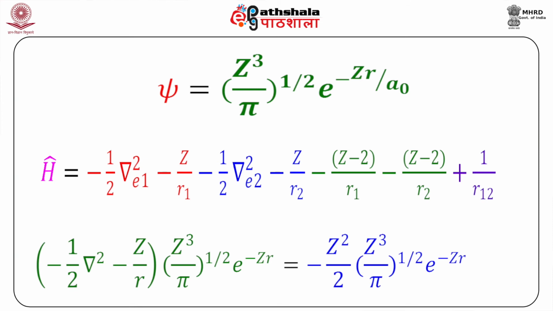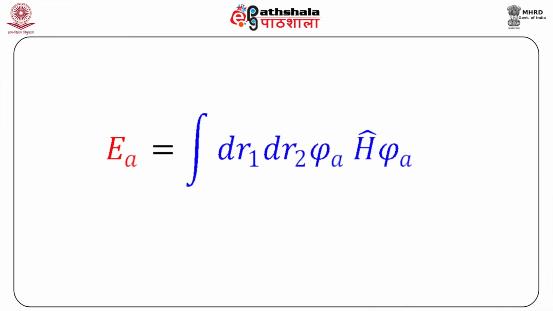The approximate energy for this problem is then calculated using the expression as in equation 16, where the exact Hamiltonian is given by equation 14 and the trial function is given by equation 13.